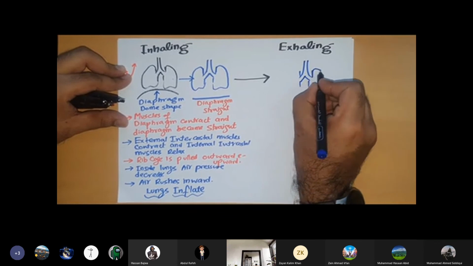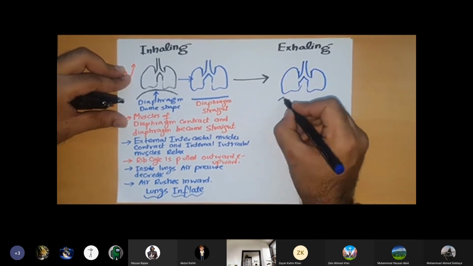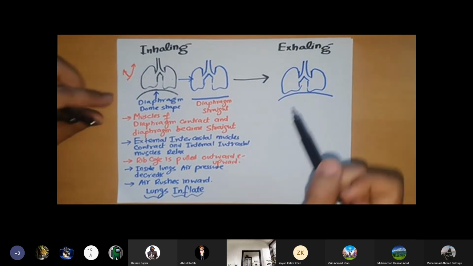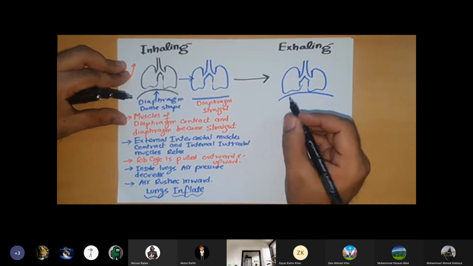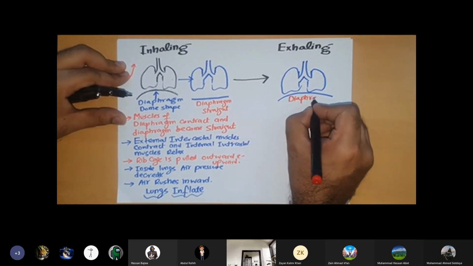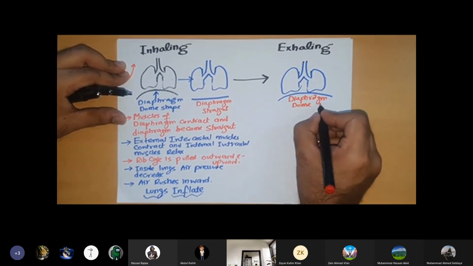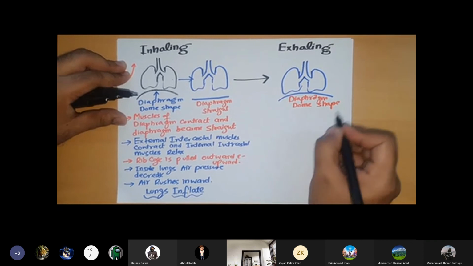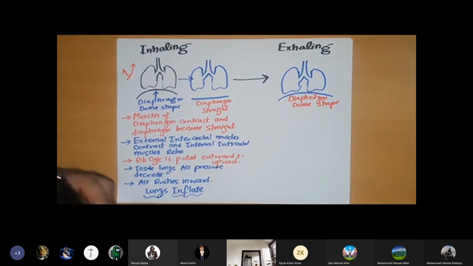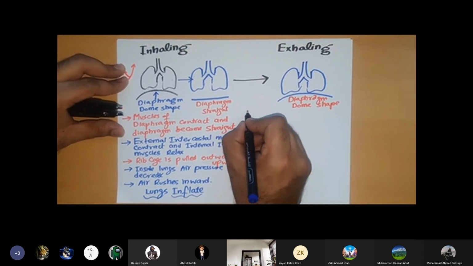Now, the diaphragm is again in dome shape. So we can mention over here simply that the muscles of the diaphragm relax and the diaphragm comes back to its original dome-shaped position.